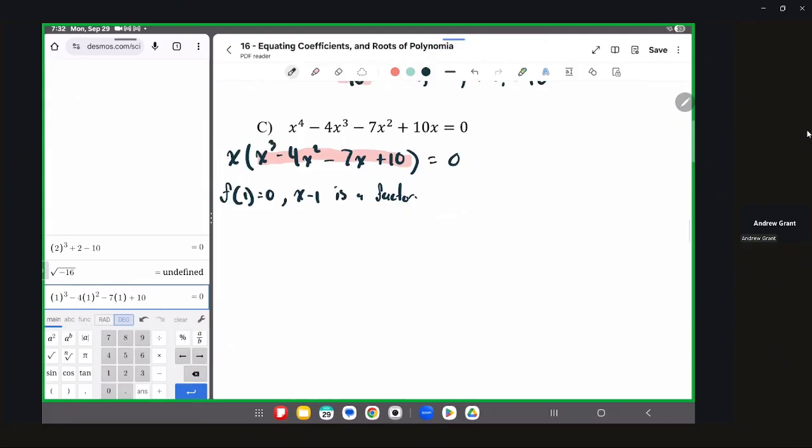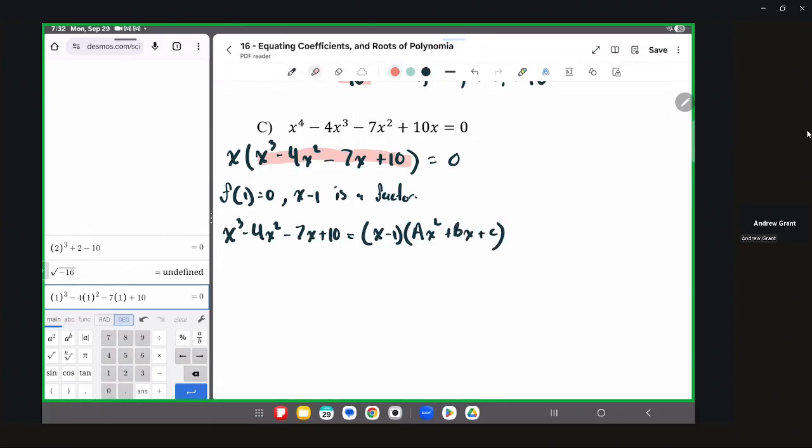So we can use our favorite method to factor this at this point. I do like the method of undetermined coefficients. So let's try x cubed minus 4x squared minus 7x plus 10 is equal to x minus 1 times ax squared plus bx plus c.